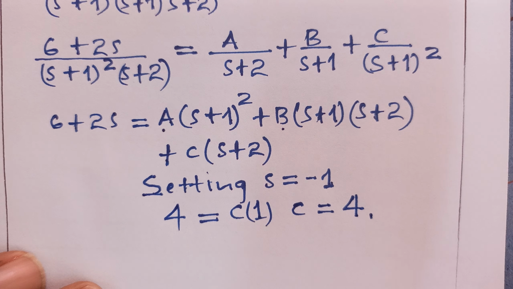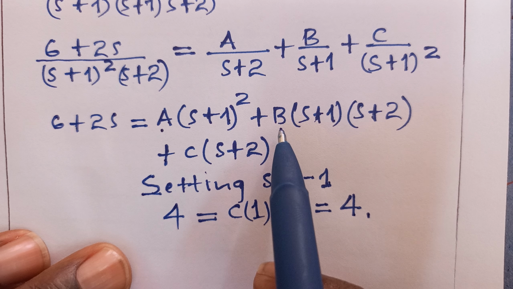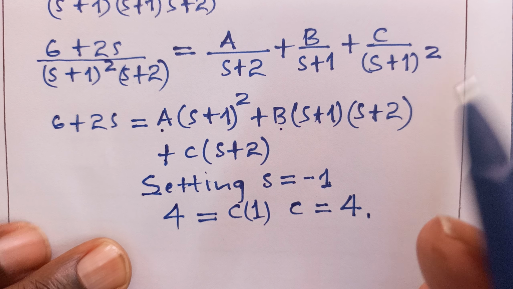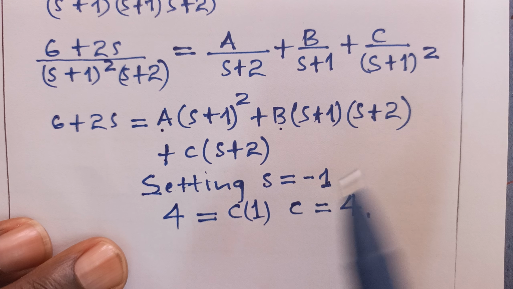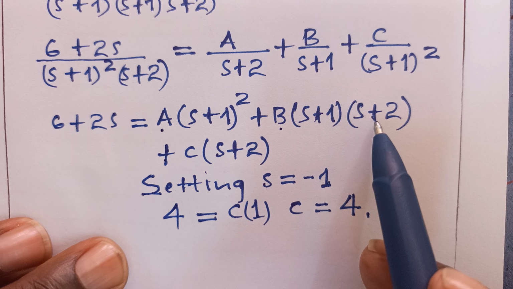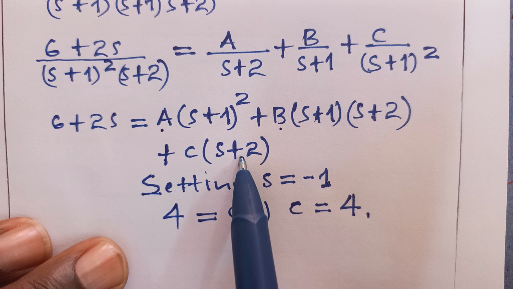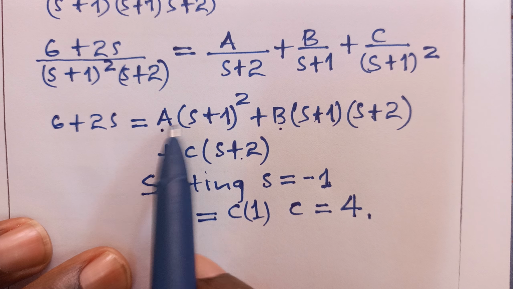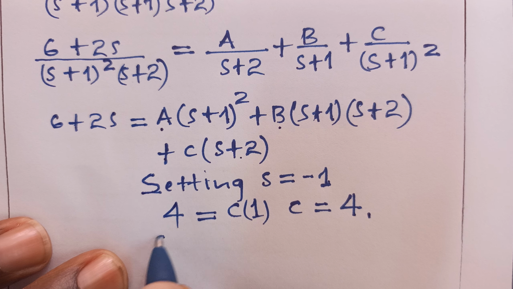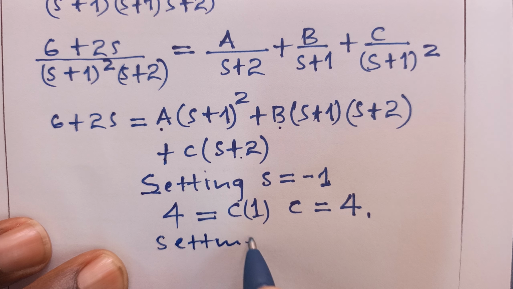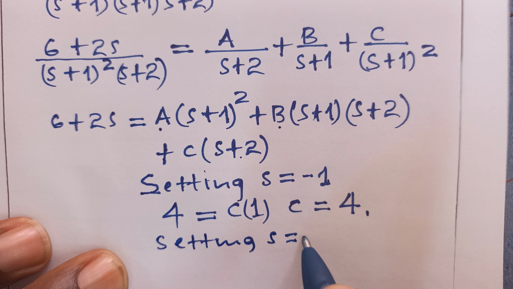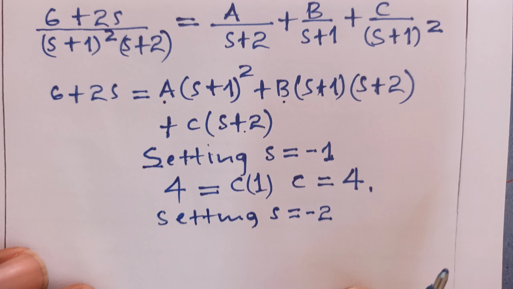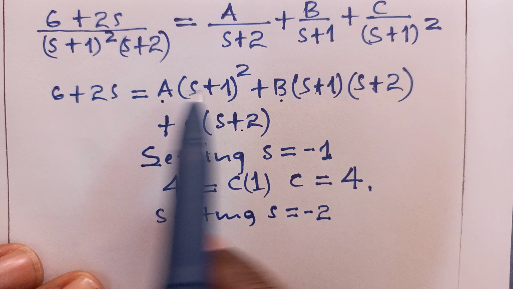Coming now to finding the value of A, we can set s equals to -2. If we set s equals to -2, this will be eliminated, this will also be eliminated, and we'll be left with this term and this term.